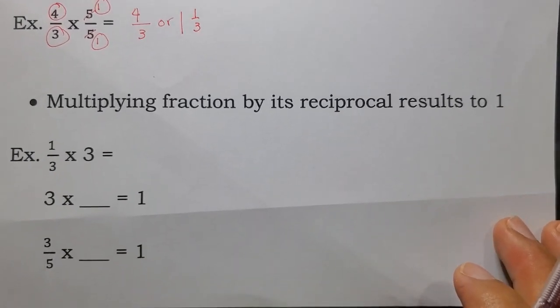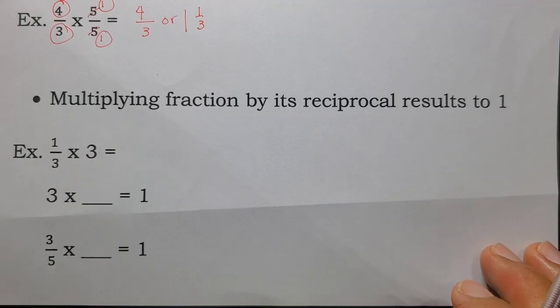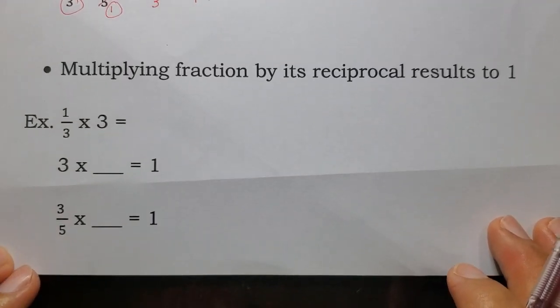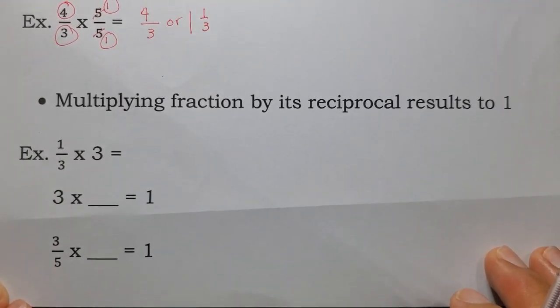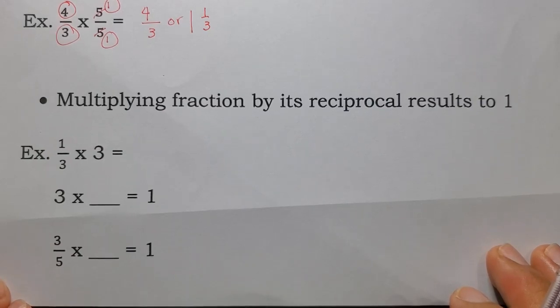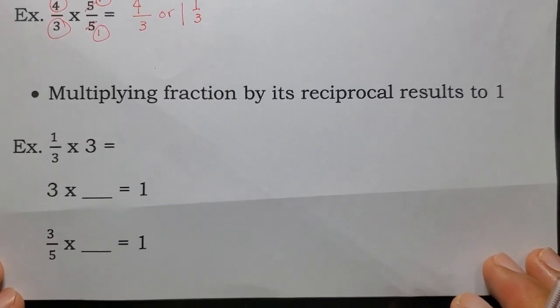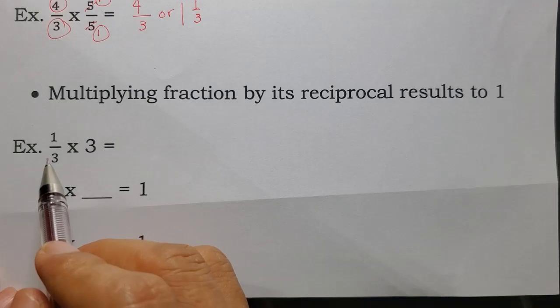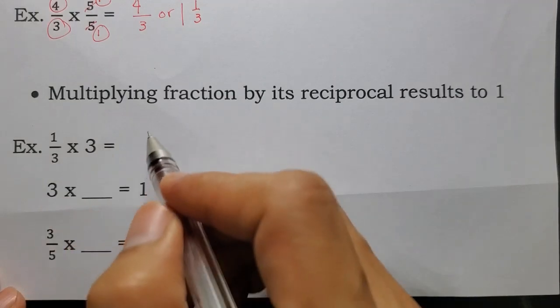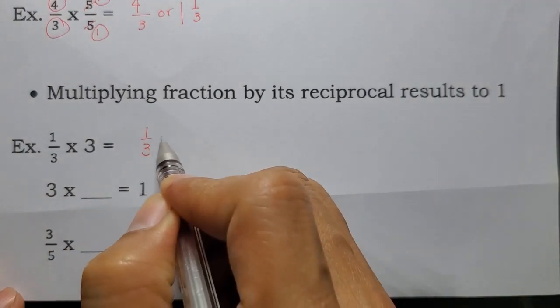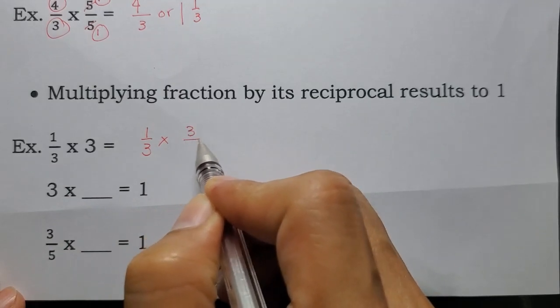So any number multiplied by its reciprocal, when I say reciprocal, that is the inverse, or kabaliktaran. So for example, if we do have here 1/3 times 3, that means 1/3 times 3 is also 3 over 1.